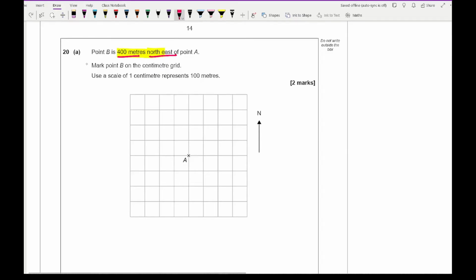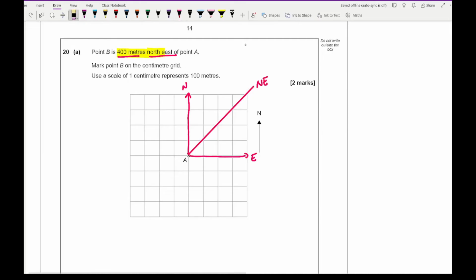So northeast is going to be, if this is north and this is east, exactly in between. So let me just start by drawing a line through those points like so. So this is my northeast line.